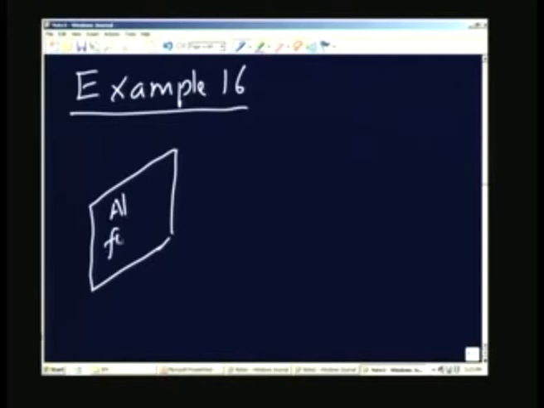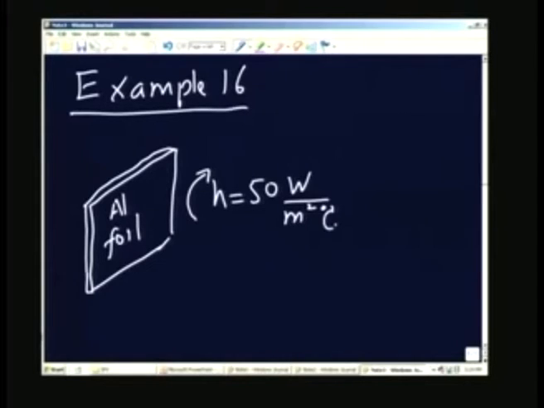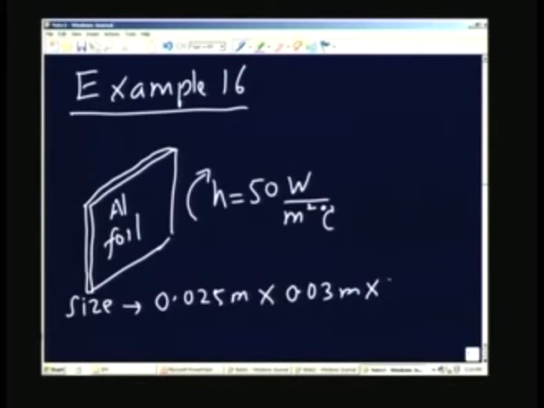This is an aluminum foil with a small thickness, and it is subjected to a heat transfer coefficient of 50 watts per meter squared degree Celsius, and the size of the foil is given by 0.025 meters multiplied by 0.03 meter multiplied by the thickness, which is 0.00005 meter.